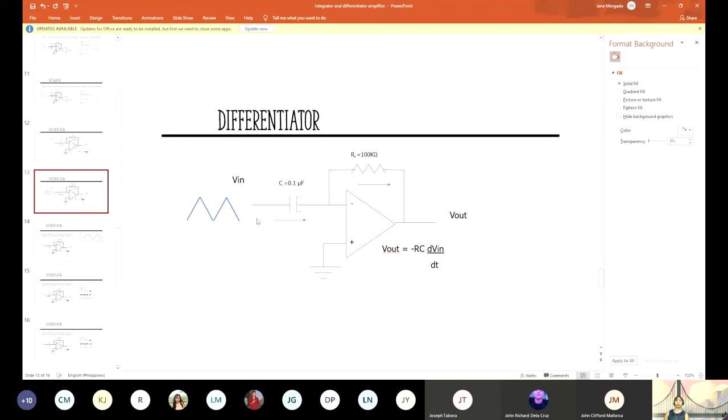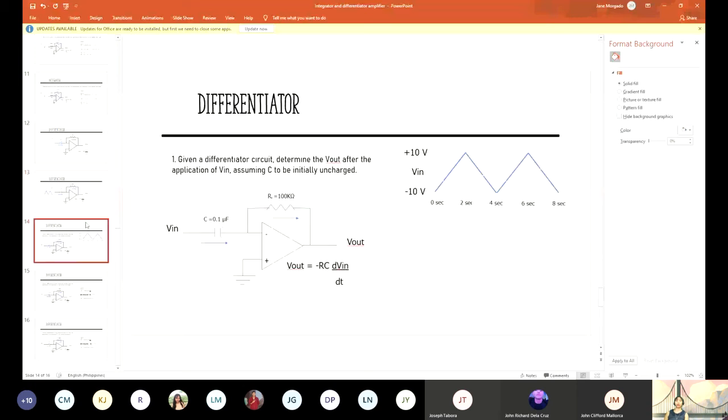So given, let's say we have a triangular waveform here, given that capacitor is 0.1, R is 100K, what would be your output voltage? So this is the characteristic of the waveform. It varies from negative 10 to positive 10.